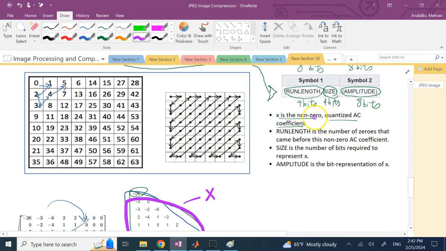It has to be the AC component, a quantized non-zero coefficient. The first number is run length, which is the number of zeros that came before this AC coefficient.